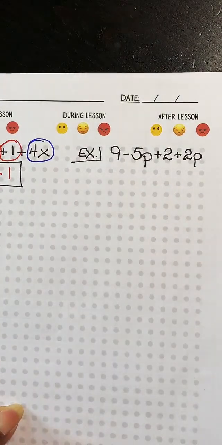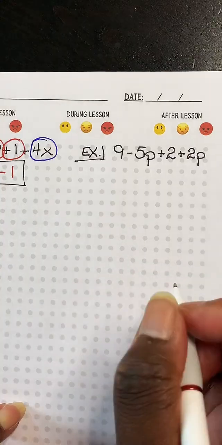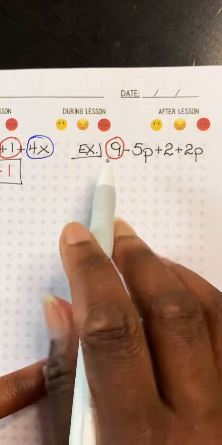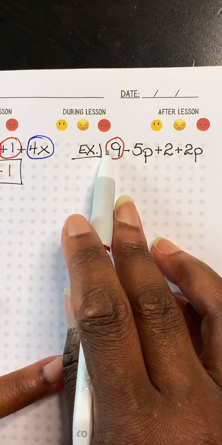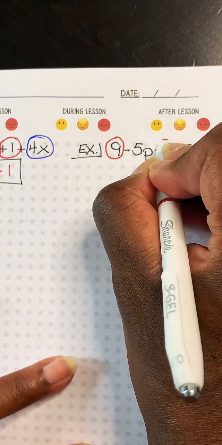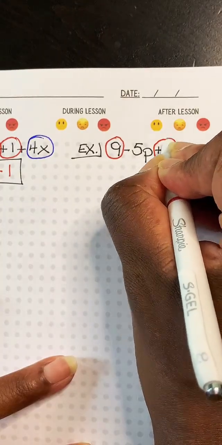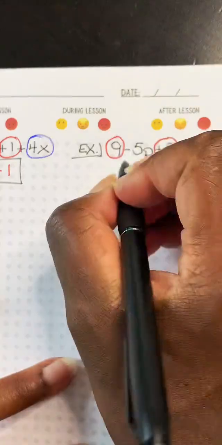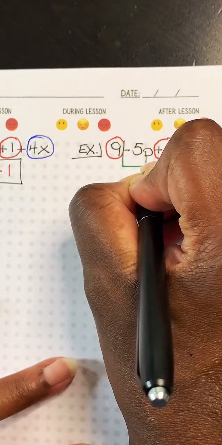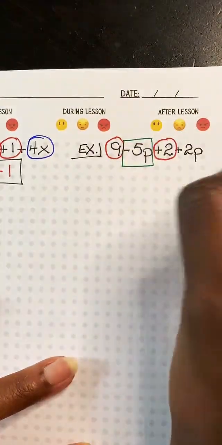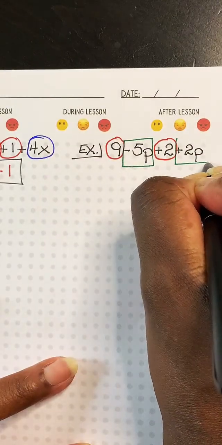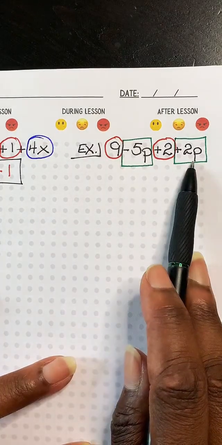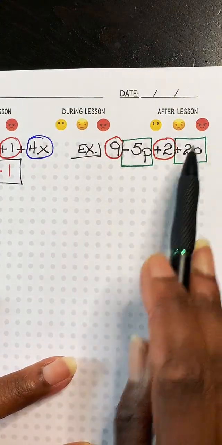All right, so let's find our like terms. One set, we have a positive 9, because the sign is always on the left of our numbers, and we have a plus 2. So those are like terms. Then we have our negative 5p and our plus 2p. Those are like terms because they have the same p with the same exponents.